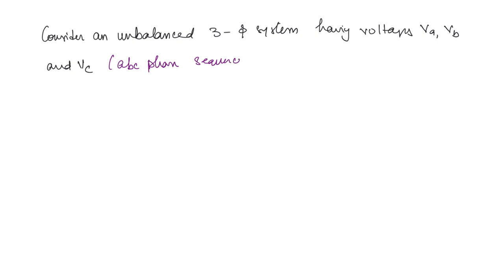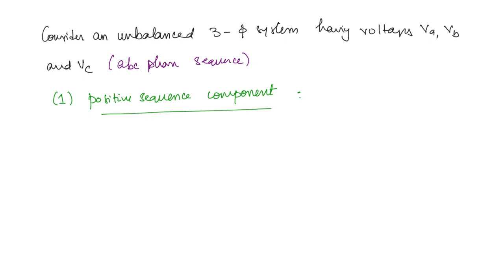Now the first symmetrical component is called the positive sequence component. Here there are three phases which are balanced, and we write them as VA1, VB1 and VC1.